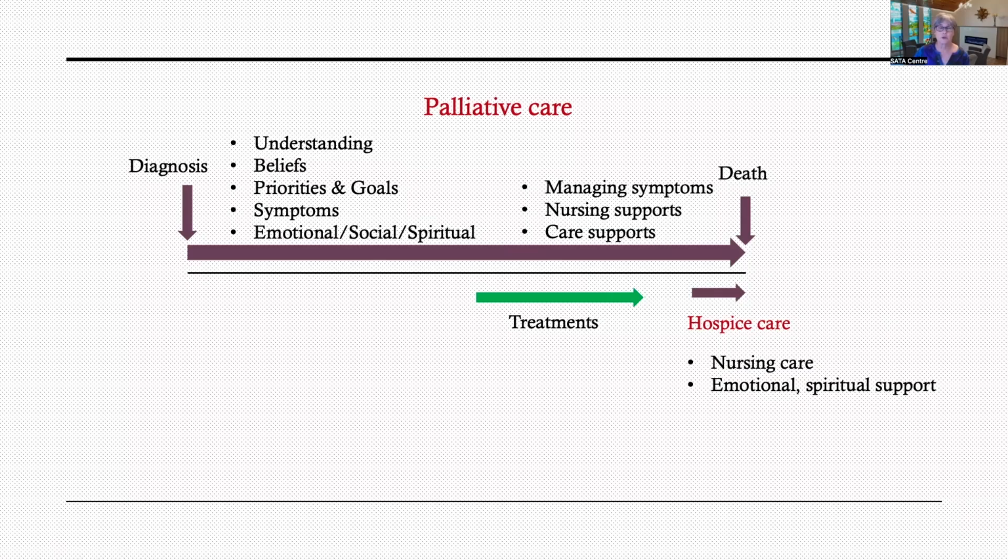It can be in the form of a residential hospice. But in both those venues, we have appropriate nursing care, personal care, and emotional and spiritual support along with your physical care. And palliative care also encompasses after death care, which is in the form of bereavement.